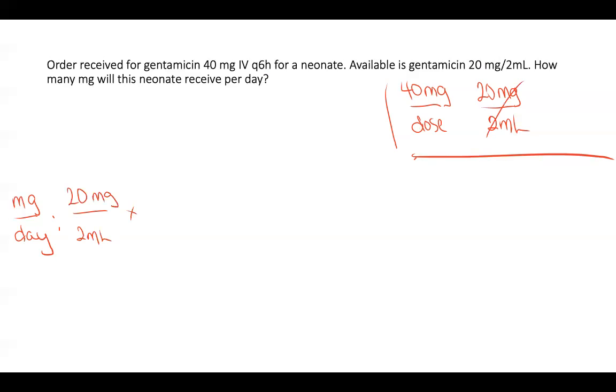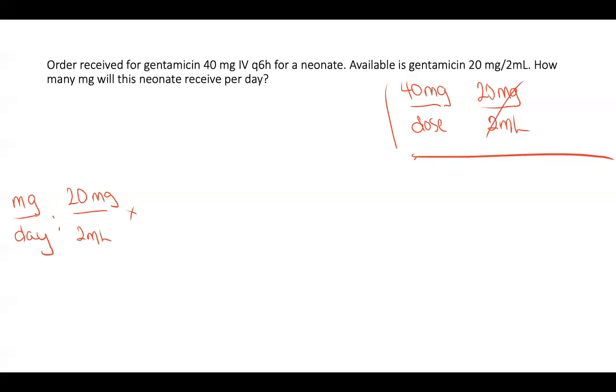So when you look in your box, do you see milliliters anywhere? There's no milliliters in your box. Is there a conversion that's available from milliliters to days to dose? There's not. There's no such animal. Okay, so you're stuck. So the problem will tell you, don't force it. It's telling you right here that you can't go any further.